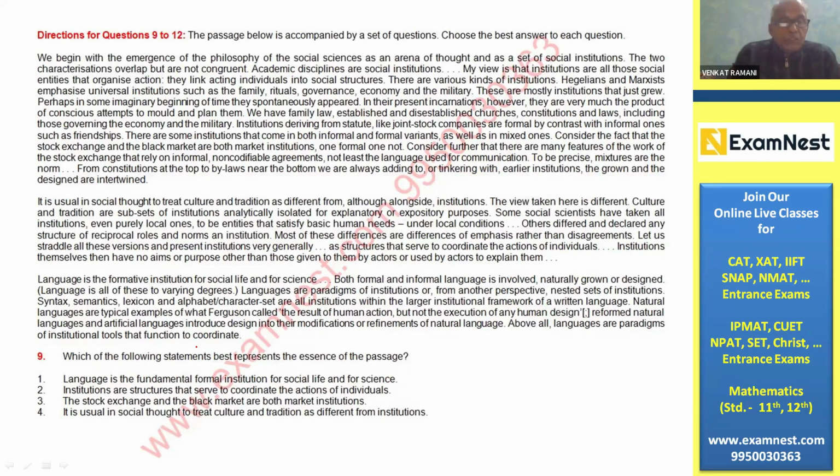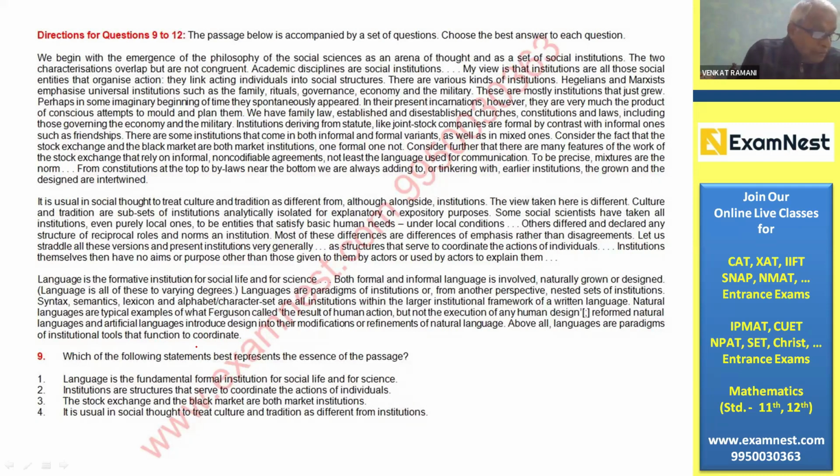And he says that we begin with the emergence of the philosophy of social sciences as an arena of thought and as a set of social institutions. Now, what he's talking about here is the two characterizations. They may overlap, they aren't congruent.